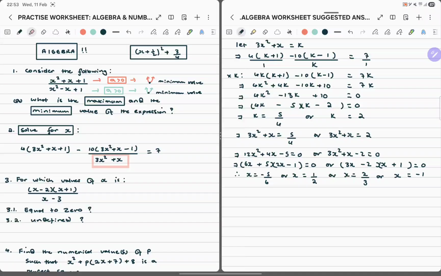So let's check. 3 into minus 5 over 6, all squared, minus 5 over 6. So this is positive, so it's not 0. As long as it's any other value, that's good.